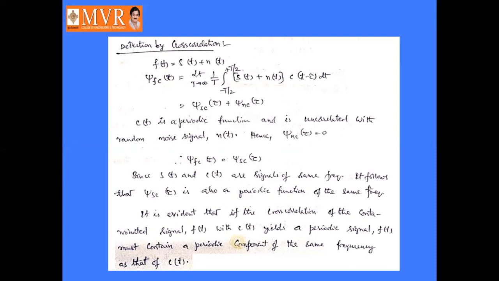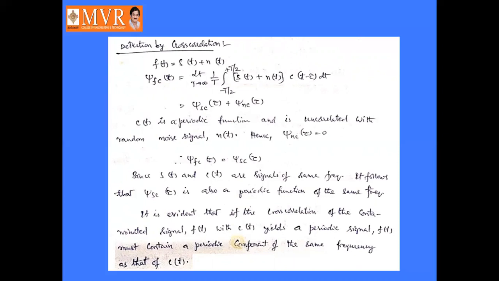C of t is a periodic function, uncorrelated with the random noise signal n of t, hence chi nc of tau equals 0. Therefore chi fc of tau is equal to chi sc of tau. Since s of t and c of t are signals of the same frequency, it follows that chi sc of tau is also a periodic function of the same frequency.